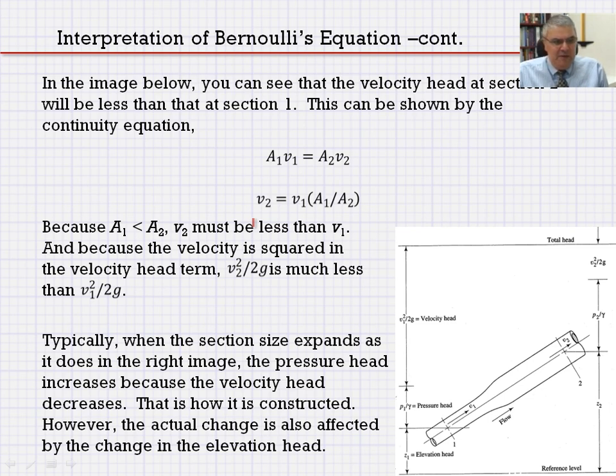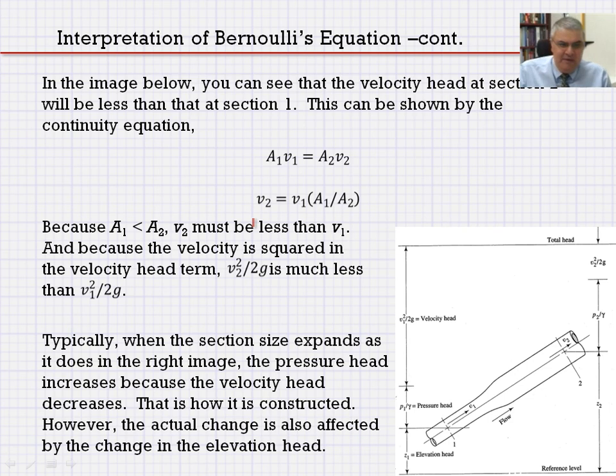In this case, because the cross-sectional area of the pipe at 2 is larger, that is A2 is greater than A1, remember that we also defined Q previously, then V2 must be less than V1.